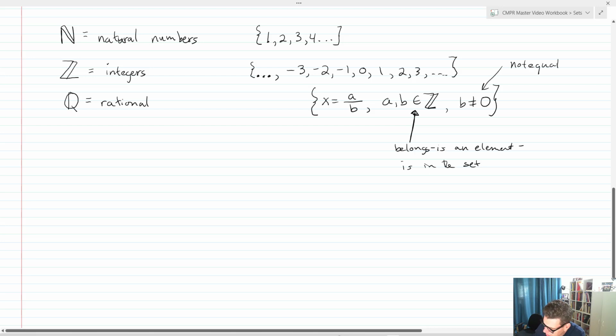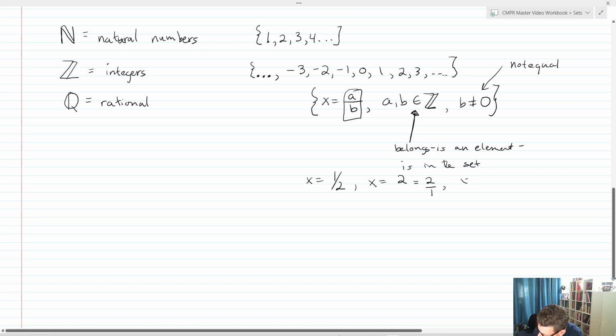So this set of rational numbers is the set of all fractions. We write them as a over b. We could see things like x equals 1/2, which happens to be in the rationals. Also, x equals 2, because that equals 2 over 1. All of the integers end up being in the rationals.